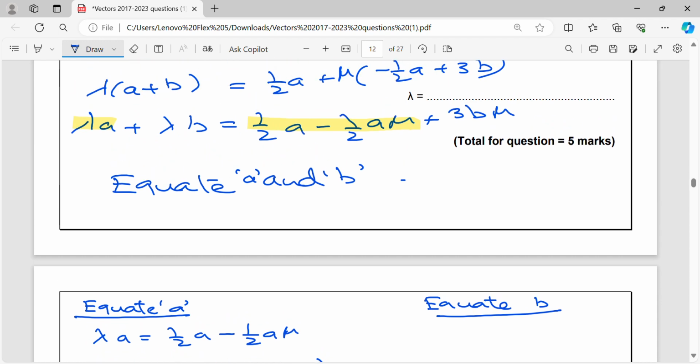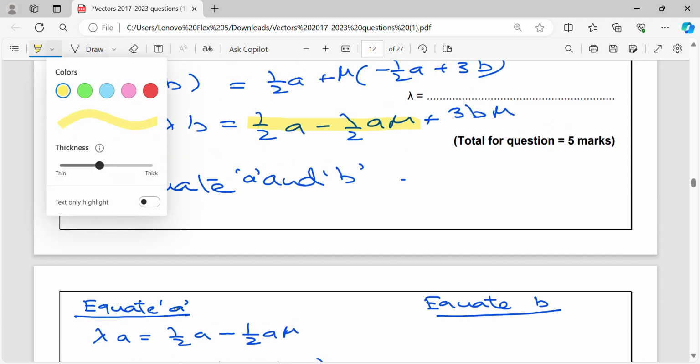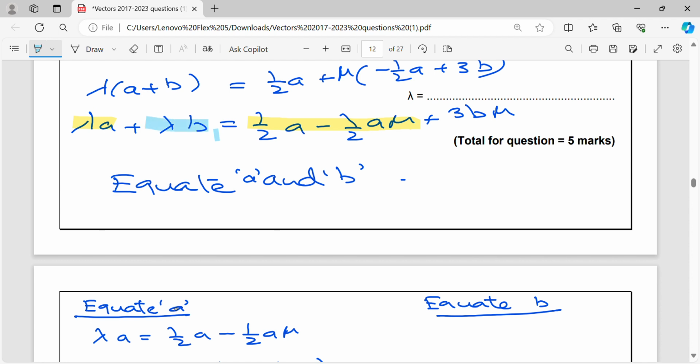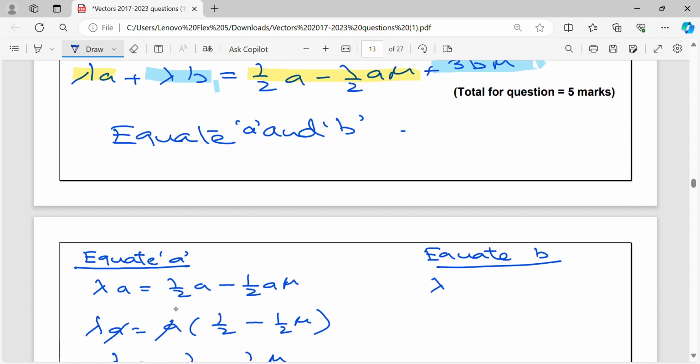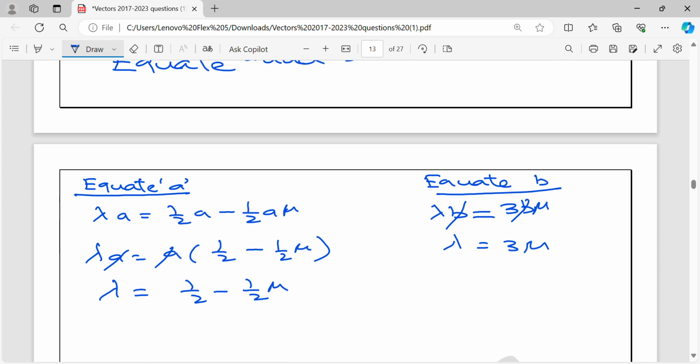What do I have? Lambda b plus 3b nu. Here it's equal. b is cancelled and lambda equals 3 nu. So the value of lambda is 3 nu.